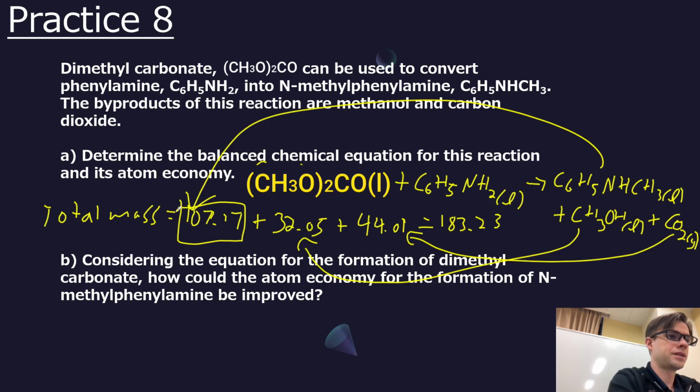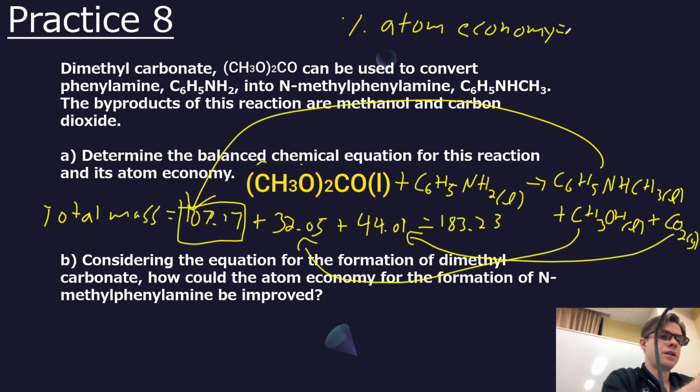So percent atom economy, I'll draw at the top here, equals our target product, 107.17, divided by the total mass, 183.23, times 100%.